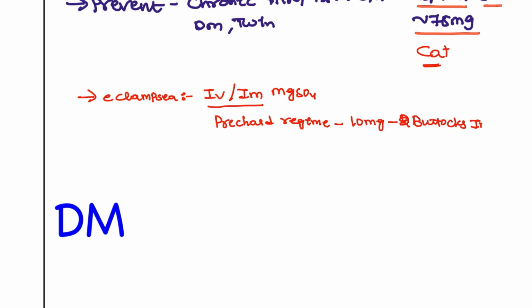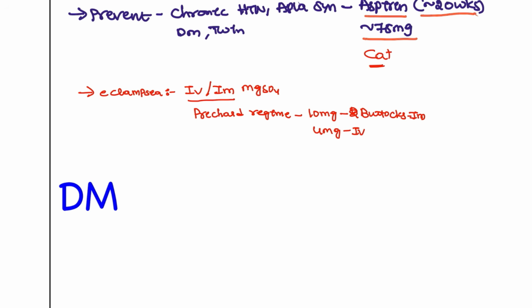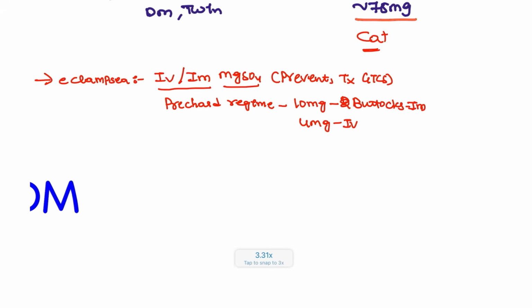This is the IM dose, followed by 4 mg IV as an immediate treatment. This MgSO4 is going to prevent and also treat the GTCS, and it also gives neuroprotection. All these benefits are seen with this condition.